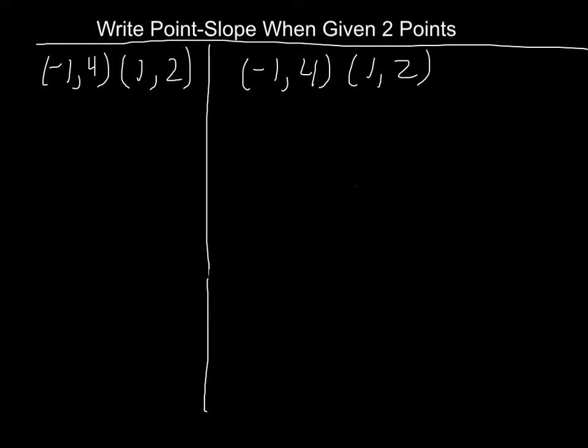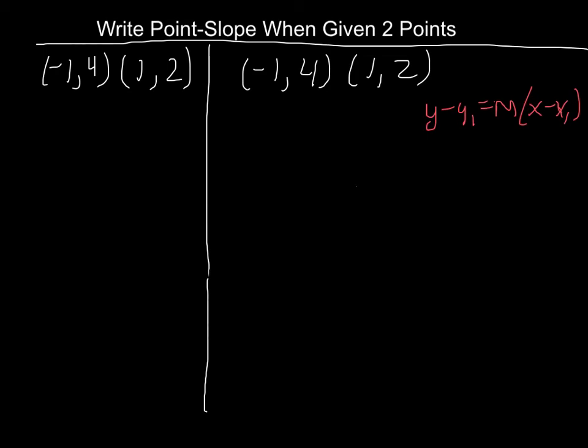So I'm going to write out the equation that we'll be using again, and that equation, like before, was y minus y1 equals m times x minus x1. Okay, so there's my formula.